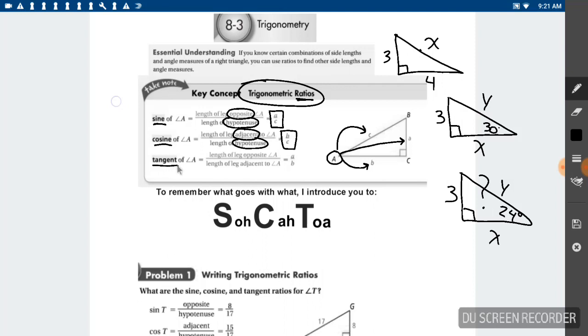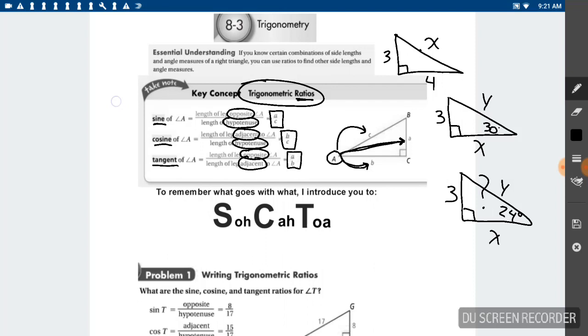And the tangent will refer to the other possible combination that you could have, the opposite compared to the adjacent. So for angle A, the opposite is A, and again the adjacent is B, so we compare A to B.